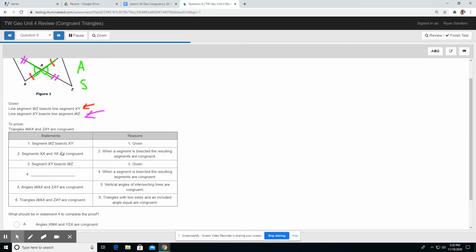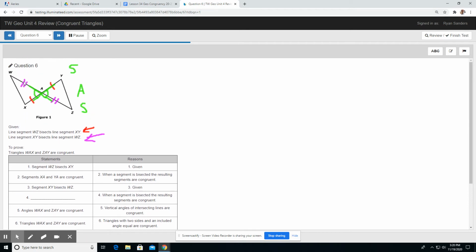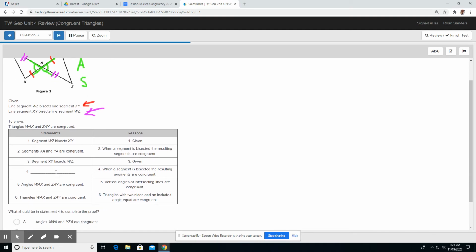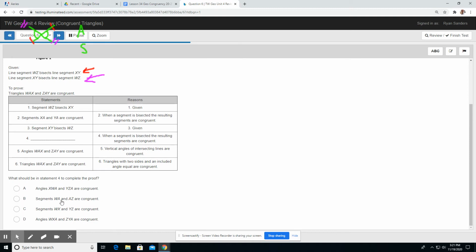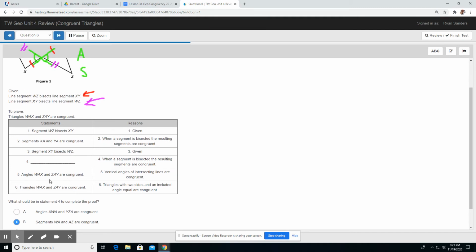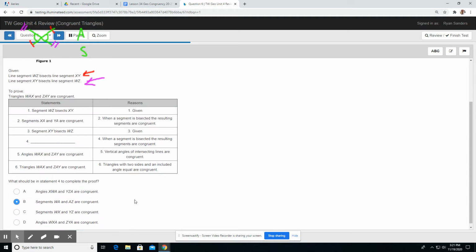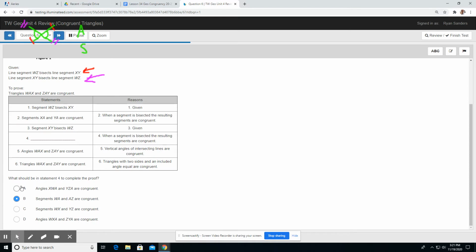So what's missing is those purples, that WA is the same as AZ. Angles WAX and ZAY are congruent, vertical angles. And the triangles are congruent because they're two sides and the included angle, just side, angle, side. Okay, so which should be in statement 4 to complete the proof?